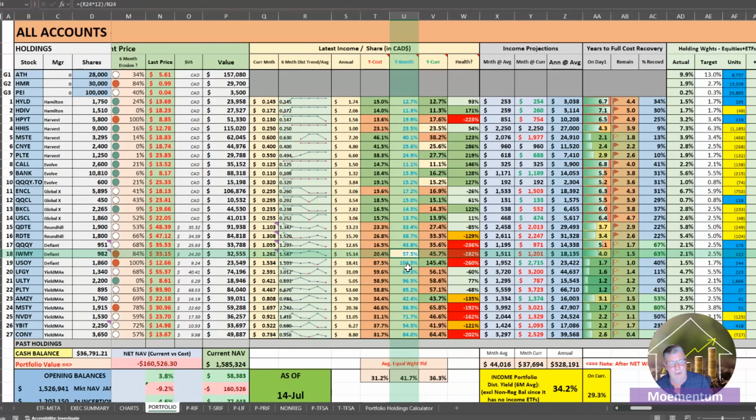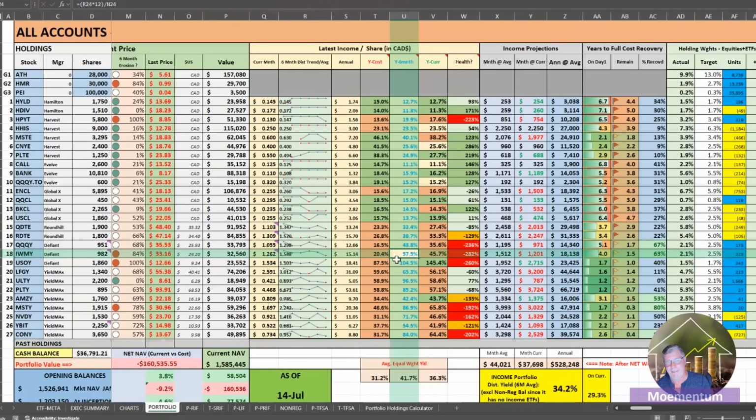Matter of fact, QQQY, IWMY, and the other one, their S&P one, they've now set yield targets, I think, of 30%. That means we're really going to see these yields coming down because they're going to be a lot less aggressive. But the good part is they're doing it because customers are telling them, I like your yield, but I also like something a little bit more stable.